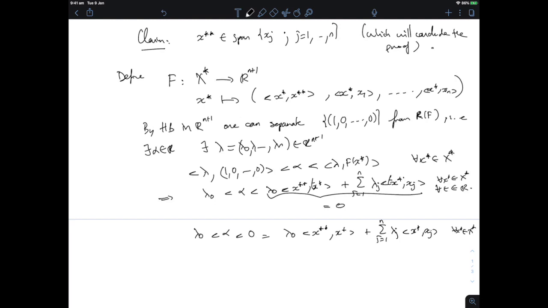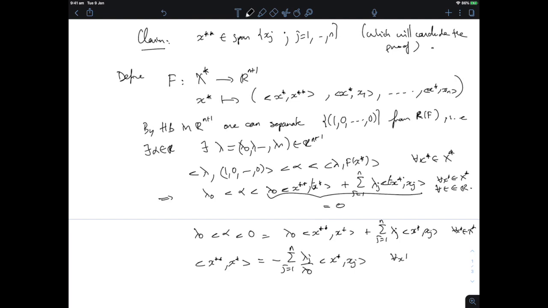Okay, but now my lambda 0 is non-zero, so I can divide by lambda 0, and I get that x double star of x star has to be equal to minus the sum of lambda j divided by lambda naught, j equal 1 to n, of x star of xj.